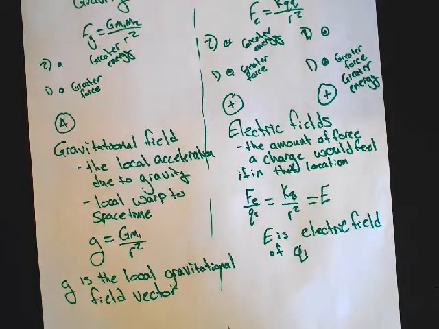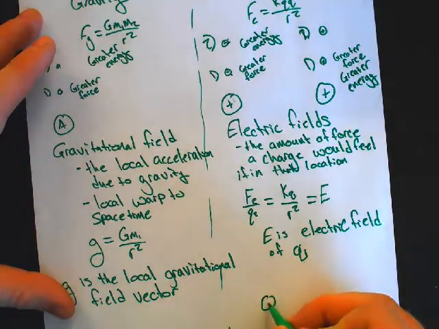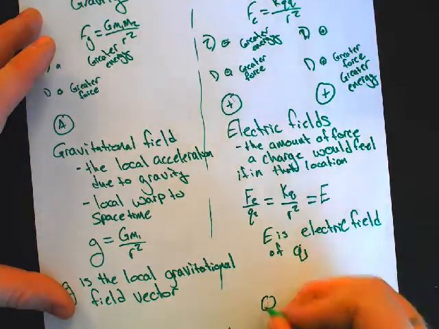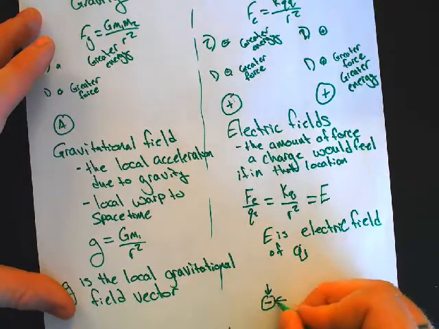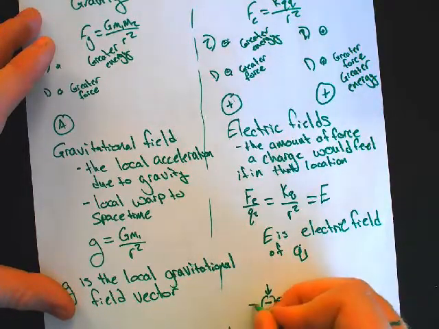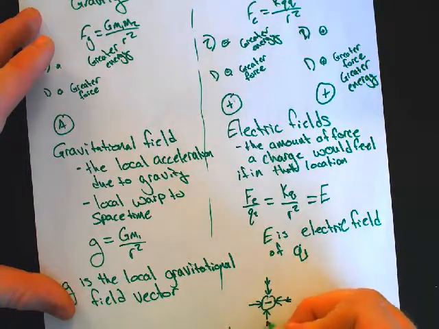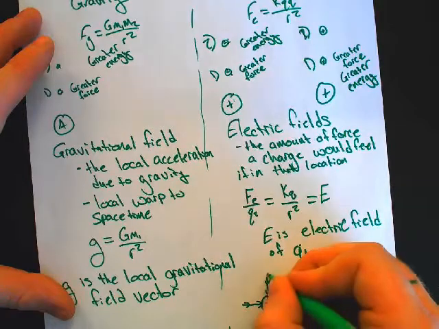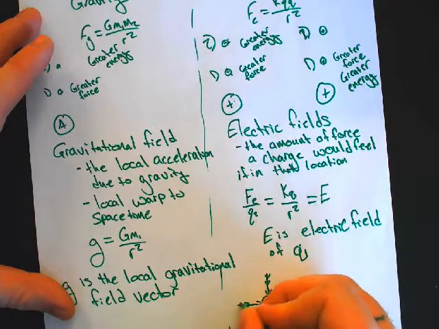Or we could say E is the local electric field vector, meaning that for a charge we would show, just like we do for gravity, the direction of force and magnitude of force based on relative arrow size, as the field directs.